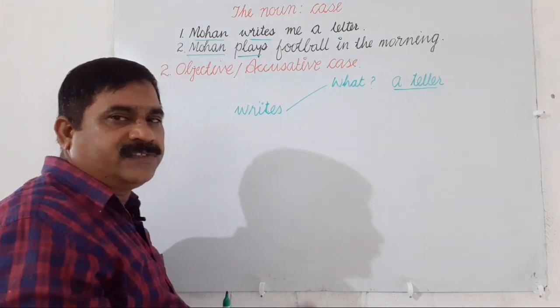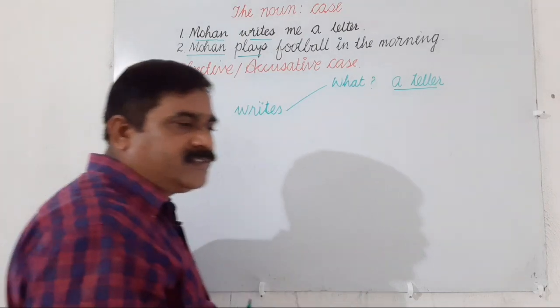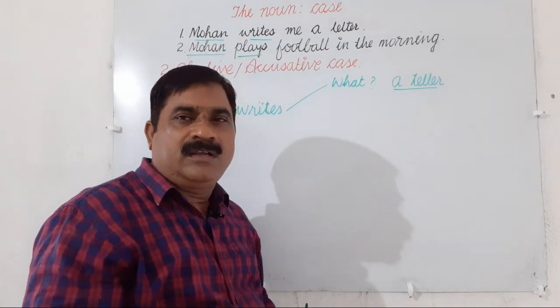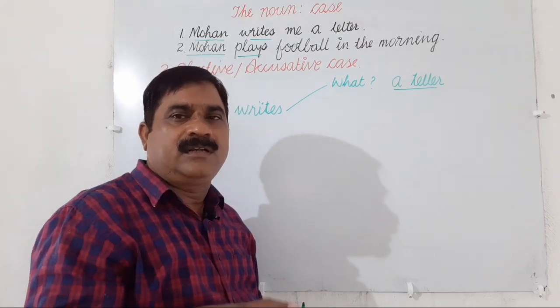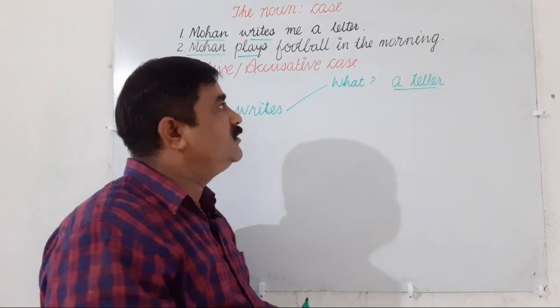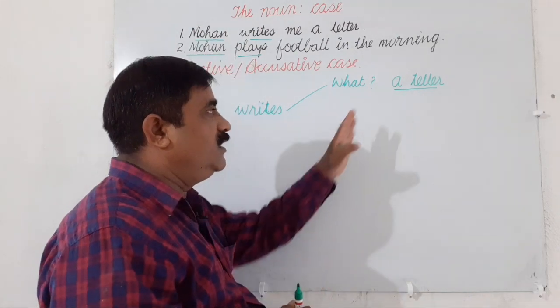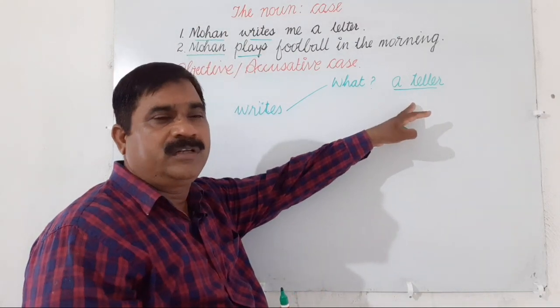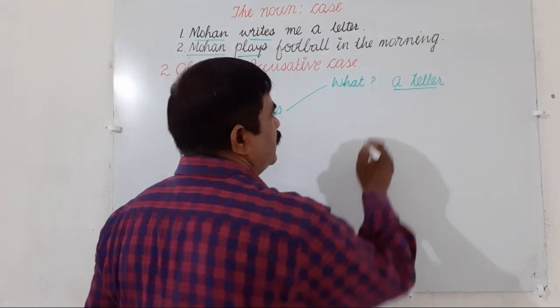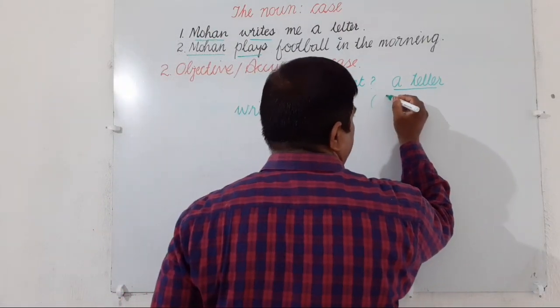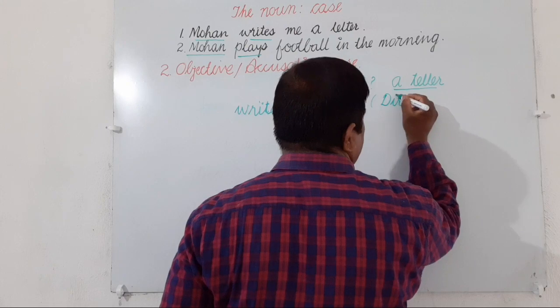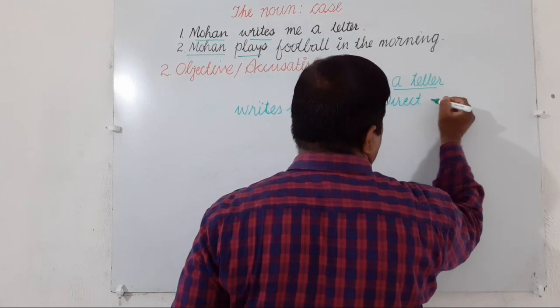A letter is the noun that is going to be affected by the subject Mohan. Hence, a letter is called direct object.